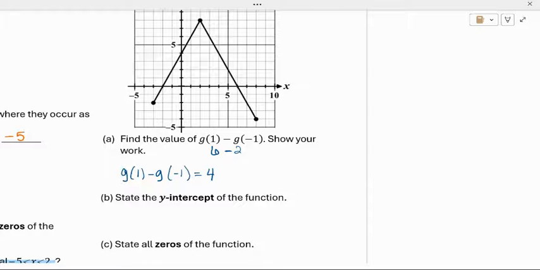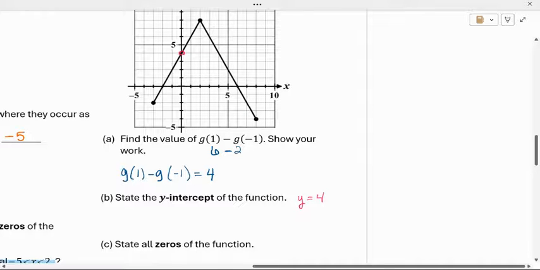Let me think about this. It'll cross at -2. That's where it crosses the x-axis. I want to know where it crosses the y-axis because it's a y-intercept. The y-axis at 4. Perfect. It crosses the y-axis at 4. So y equals 4. This is where I'm crossing the y-axis.